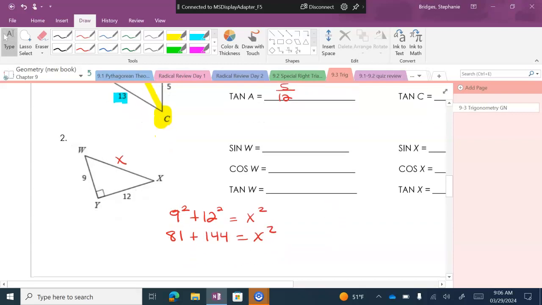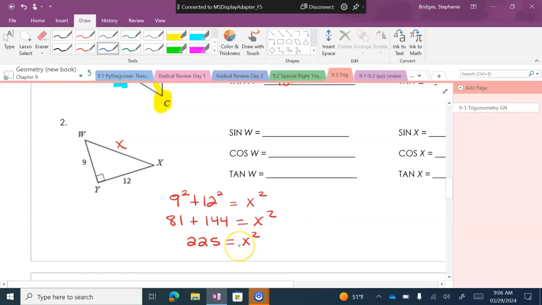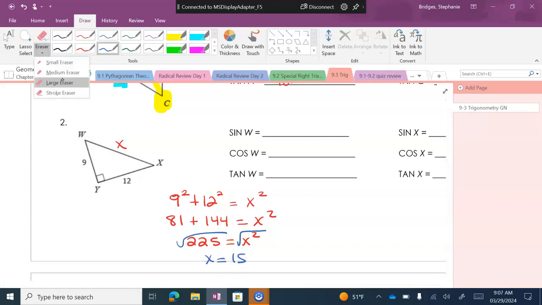If I add those together, I get 225. I'm doing the work for you because we didn't get calculators. Then I have to take the what of both sides? Square root. And the square root of 225 is 15. Okay, so change that to 15.